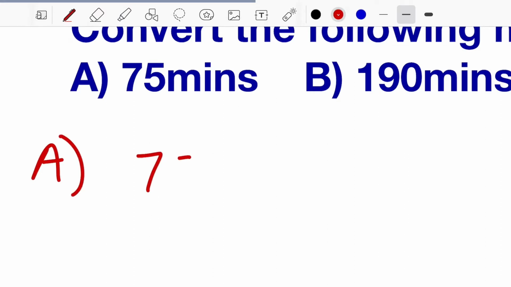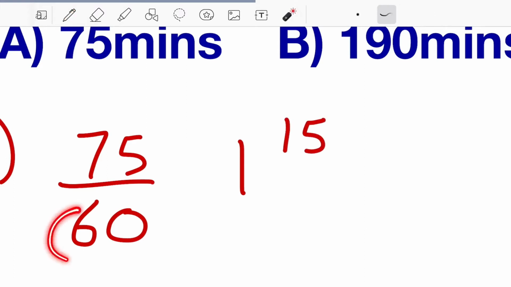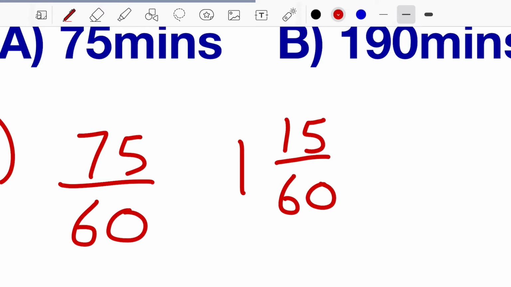75 minutes converted to hours, we divide by 60. So 60 into 75 is 1, remainder 15. And so we need to put it back over the denominator, so that's 15 over 60. Can we reduce 15 over 60?